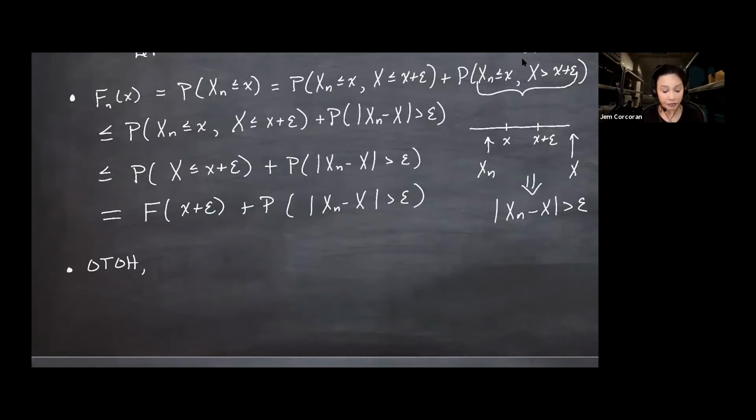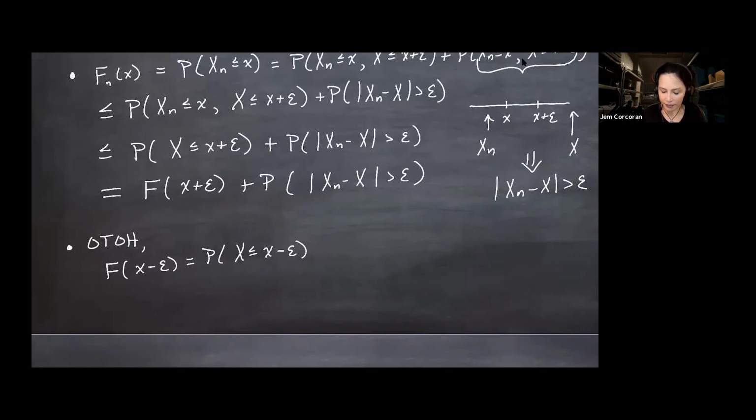On the other hand, if we look at F, the CDF for X, evaluated at x minus epsilon, and we do the same sort of thing. So this is X less than or equal to x minus epsilon and Xn less than or equal to x, and the other probability, I'm going to let Xn be greater than x.